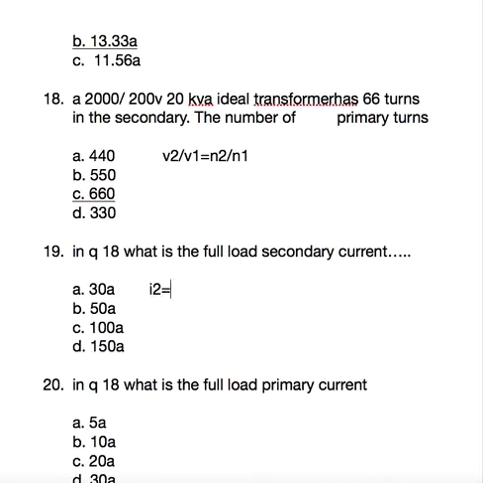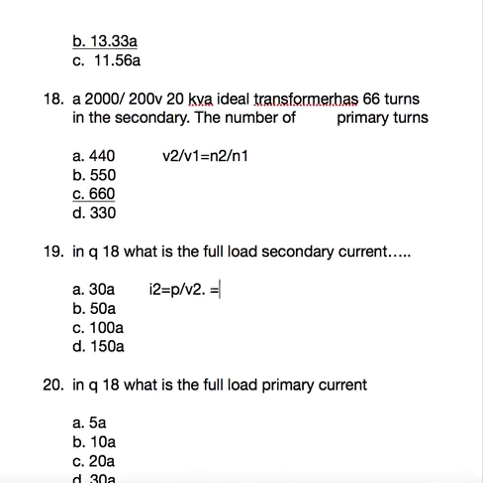I2 is equal to P divided by V2. We are considering cos phi as 1. So P is 20 kilowatt, that is 20,000, divided by V2, which is 200. So we get the answer as 100 amps.